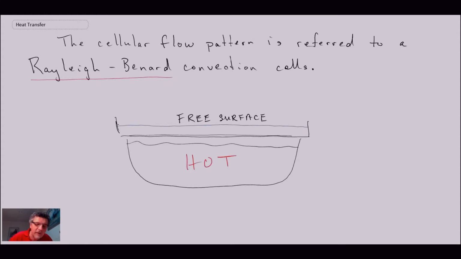If we were able to look at this from the side and do a cross-section, we would have cells forming. Depending upon the geometry, you'll get slightly different cells, but each cell would have fluid coming up and down. And these are the Rayleigh-Bénard convection cells that we would see.